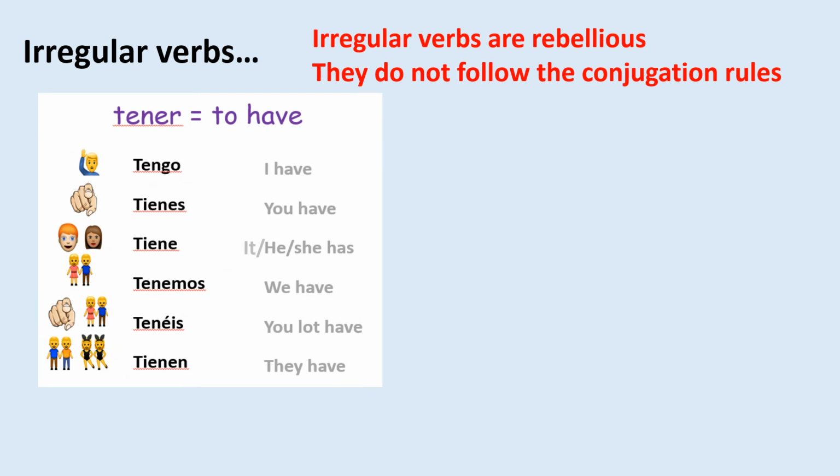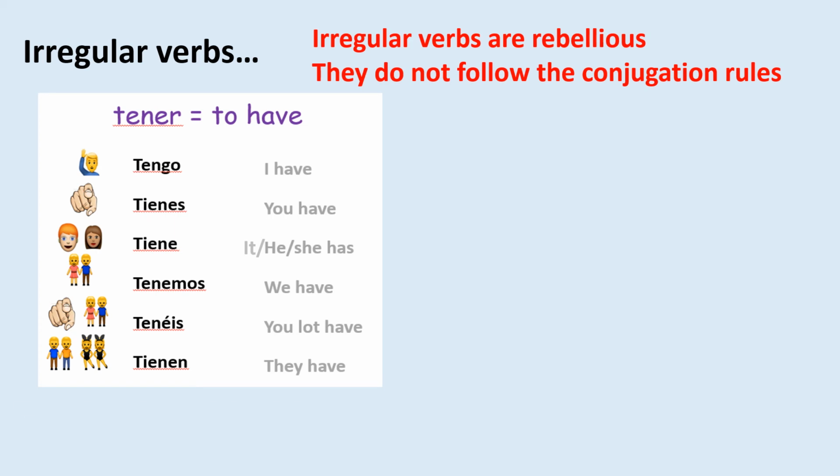So tengo means I have, tienes means you have, tiene means he, she, or it has, tenemos means we have, tenéis means you lot or you plural have, and tienen means they have.